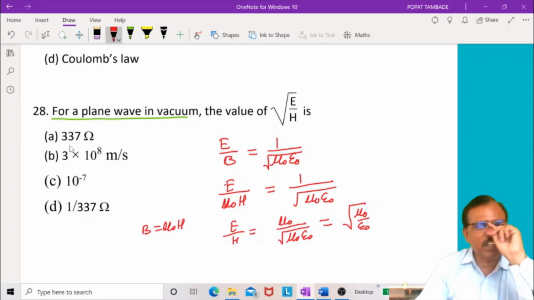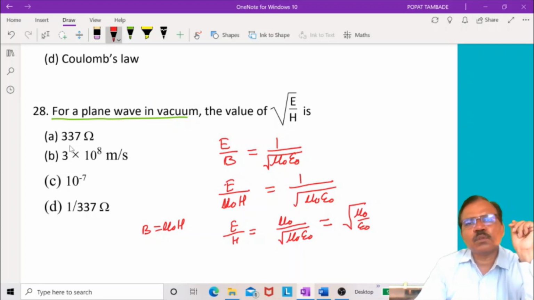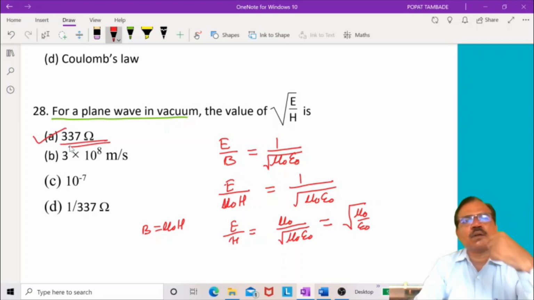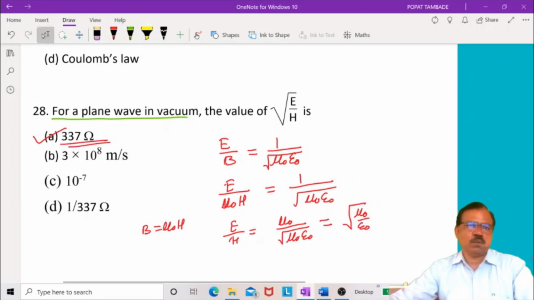Use values of mu 0 and epsilon 0, and then find the square root. You will get this value as 377, and its unit is Ohm.